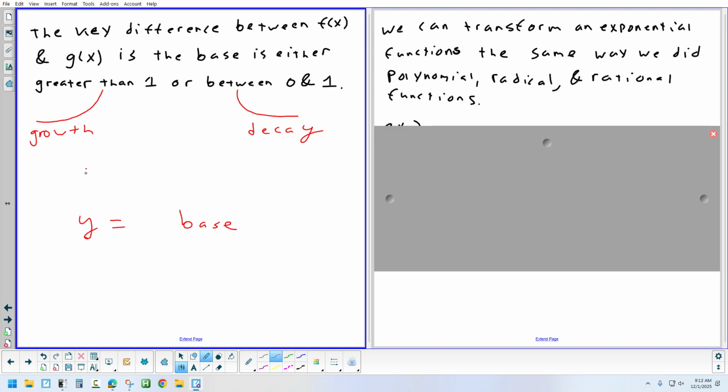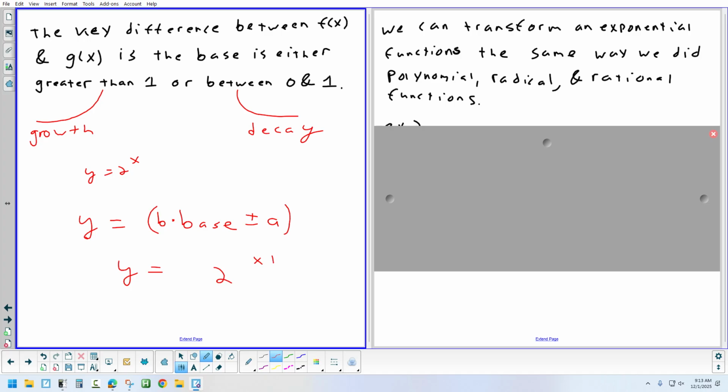So inside, you could take the base. You know what? Let me just do it for a specific number. I think it'll be easier than writing the word base. Let's say we had 2 to the x.